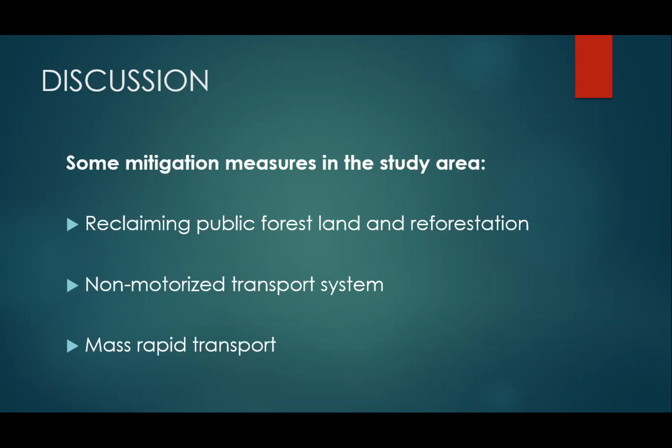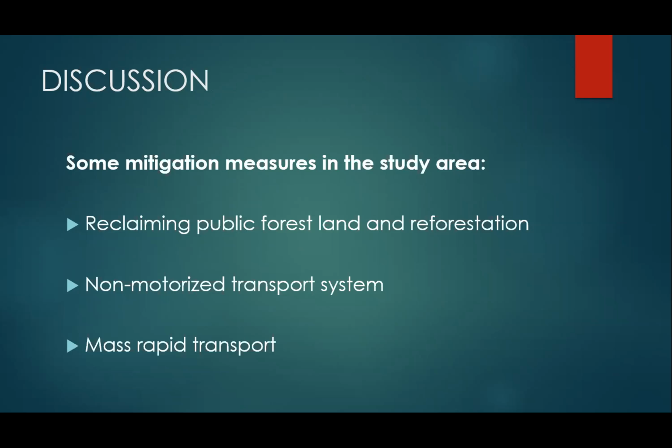If people can walk or ride bicycles to work or when they are going to the city, they will avoid going to the city with vehicles, and that means we are helping reduce the fossil fuel that is burnt, which means we are decreasing the air pollution that we see today.